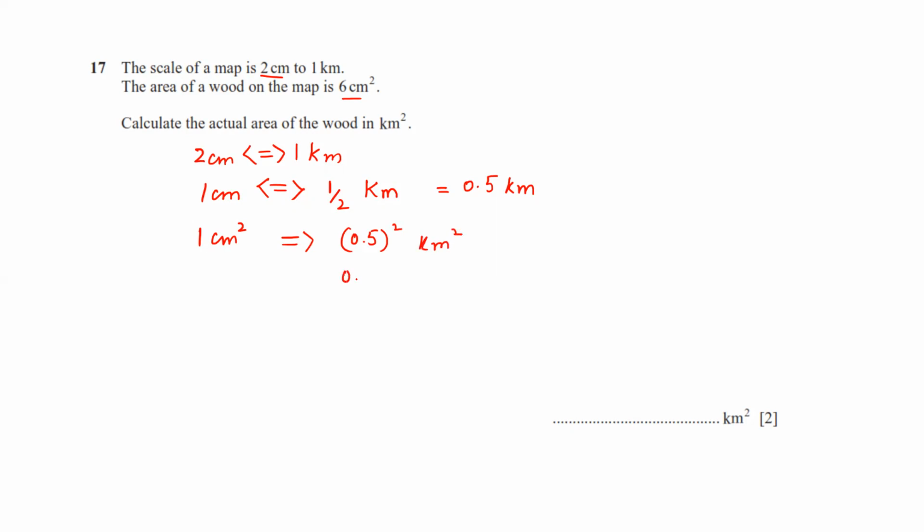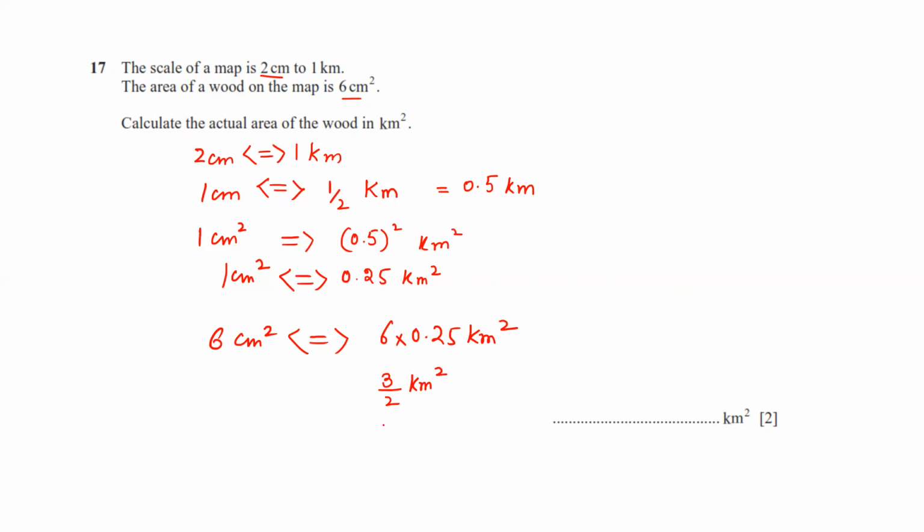This is equal to 0.25 kilometer square, equivalent to 1 centimeter square. So with 6 centimeter square, this will be 6 multiplied by 0.25 kilometer square, which is 3/2 kilometer square, or 1.5 kilometer square. Okay, so this is how you go with the answer.